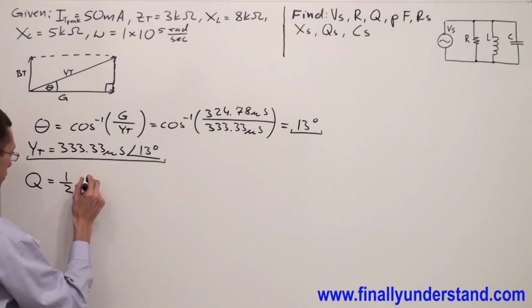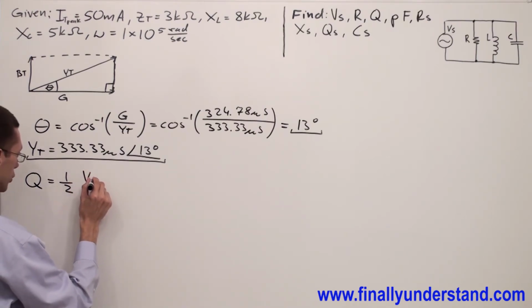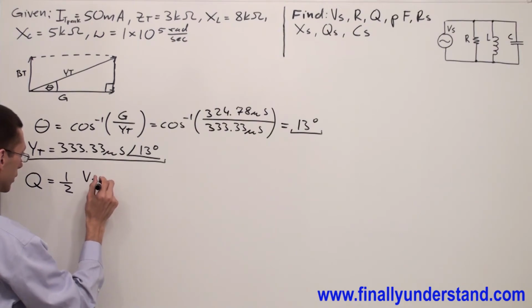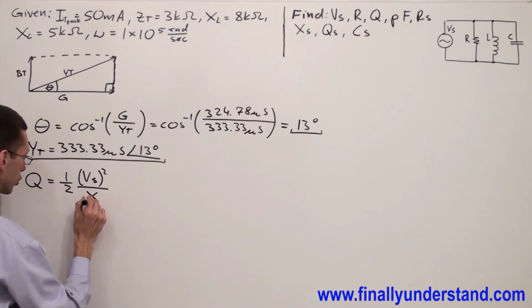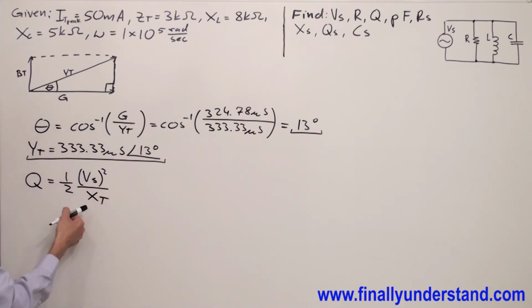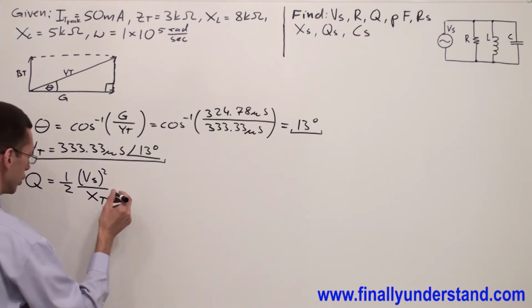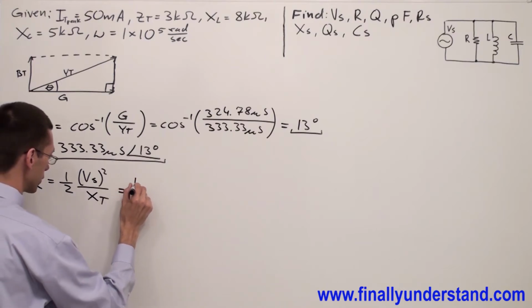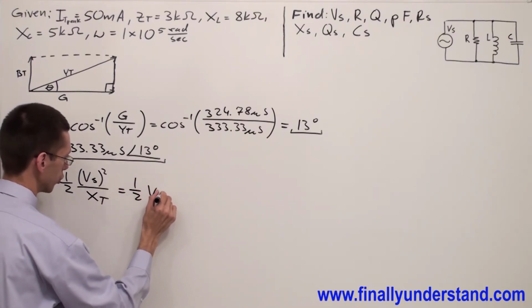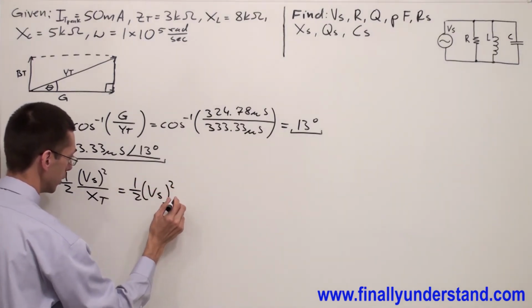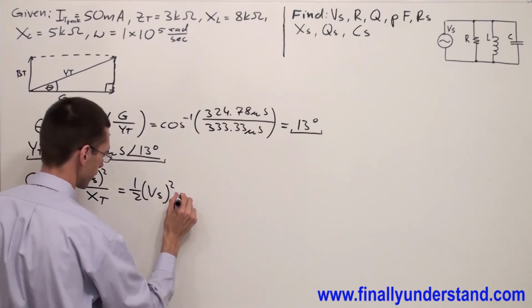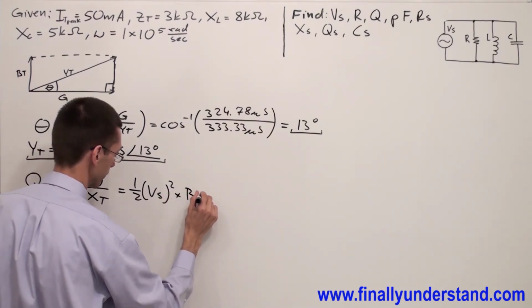So I have 1/2 voltage source raised to the second power over total reactance. But if you remember, we didn't calculate the total reactance, so we can use the formula which says 1/2 voltage source raised to the second power times B total.